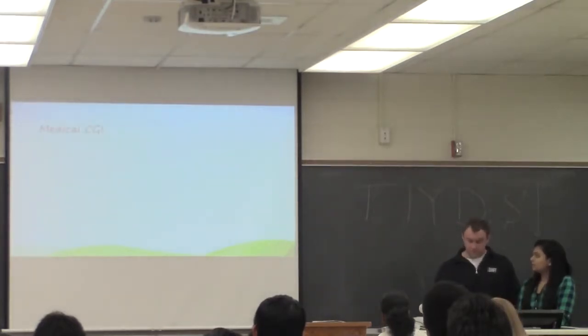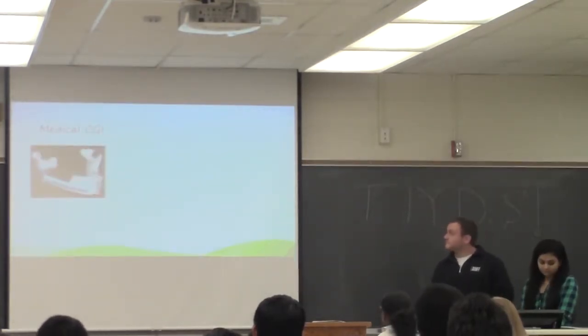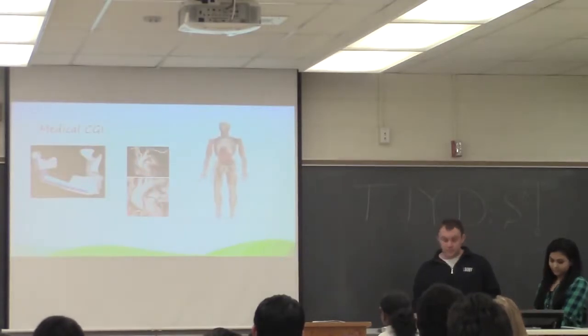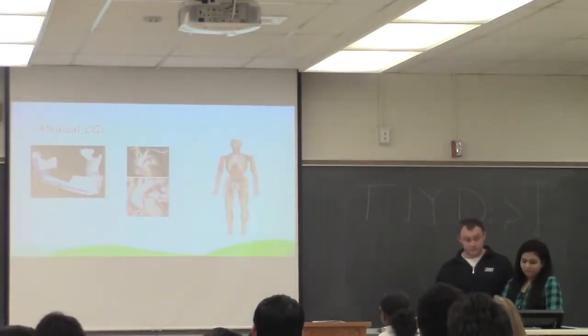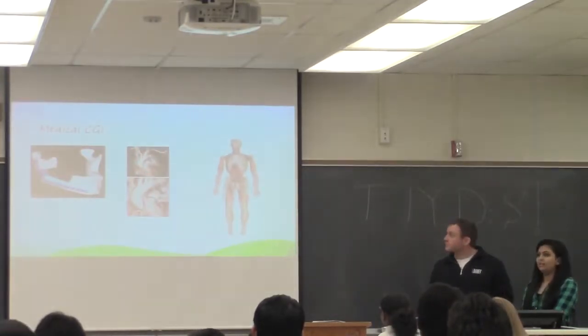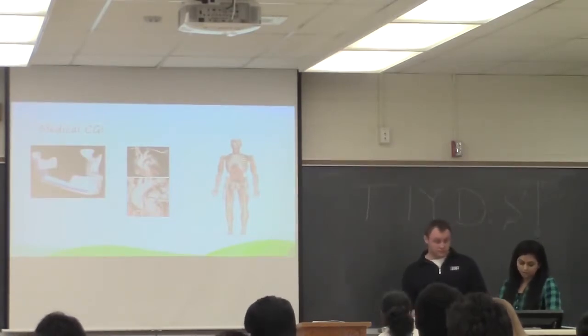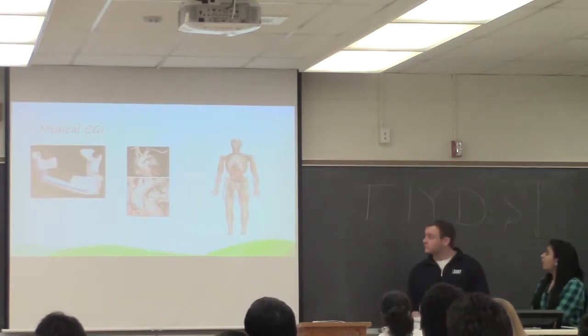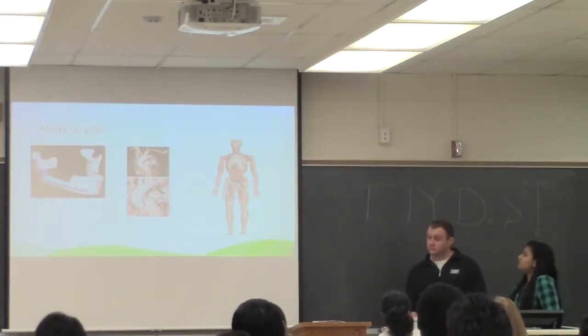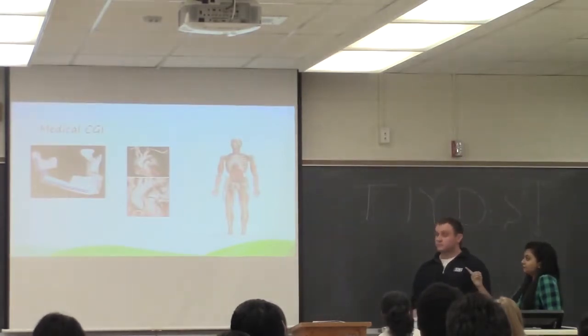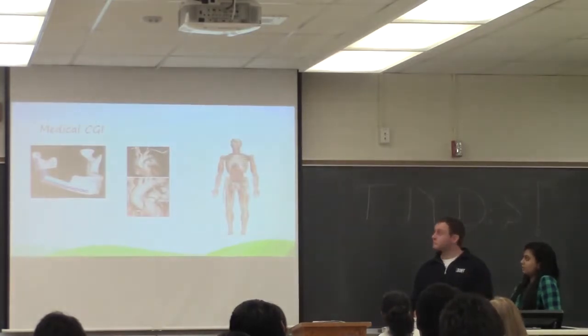Coming to the medical CGI. Computer-generated models are used in skeletal animation, and these anatomical models can be used both for instructional and operational purposes. In modern medical application, patient-specific models are created for computer-assisted surgery, and this can be used for knee replacement surgery.